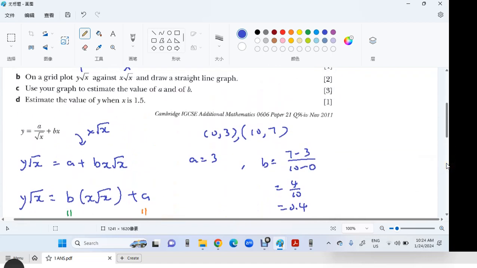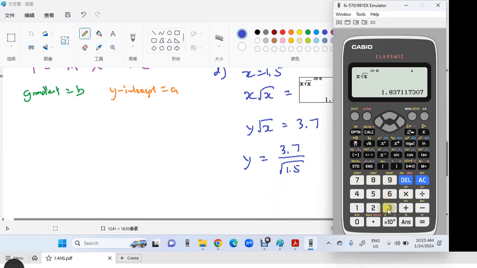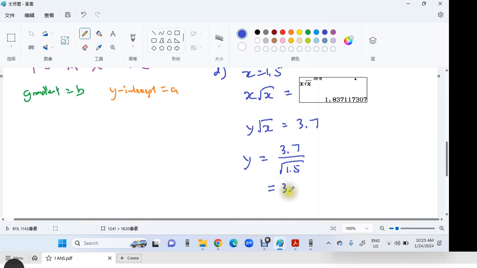They want us to estimate the value of y, which will be 3.7 divided by square root 1.5. So the answer is 3.02.